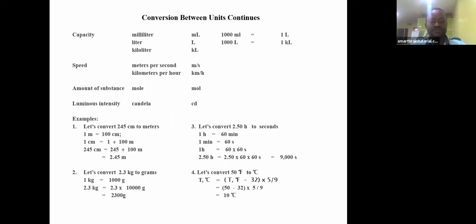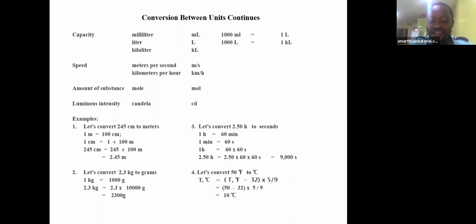So 2.3 kilograms is going to be 2.3 times 1,000. If you multiply that carefully, you will have 2,300 grams. You move the decimal point 3 places, and since there is only 1 digit after the point, you add 2 zeros.